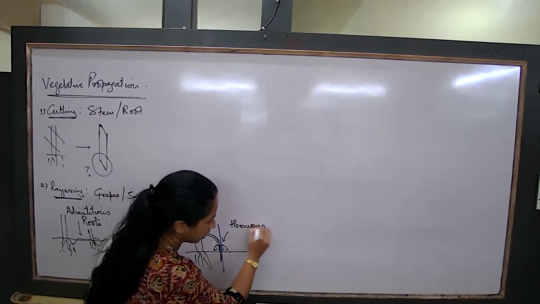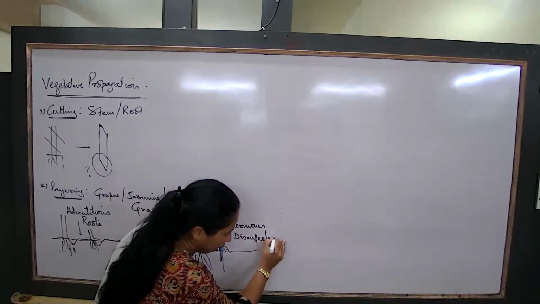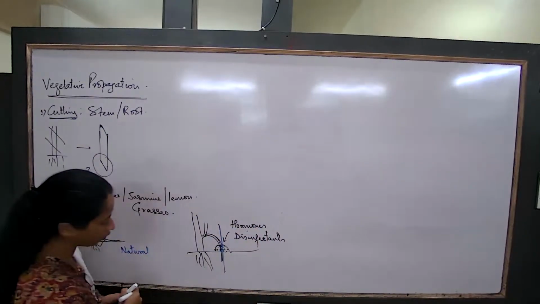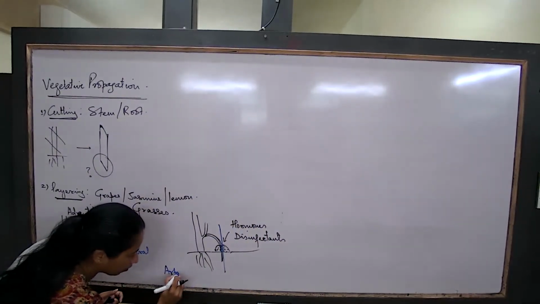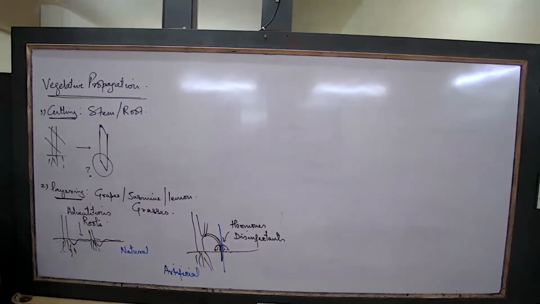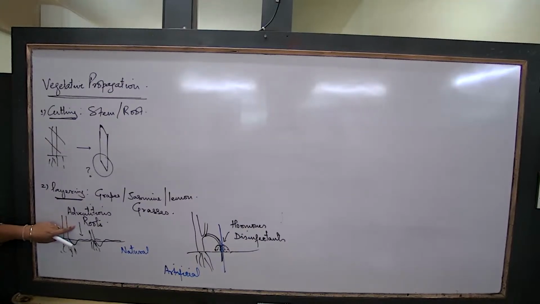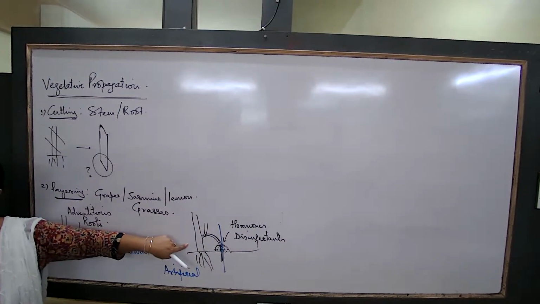So if this is the process of growth being carried out manually, this is what we call artificial layering. This is done for grapes, strawberries and various different types of plants. So layering can be natural, it happens naturally, and it can also be done artificially this way.